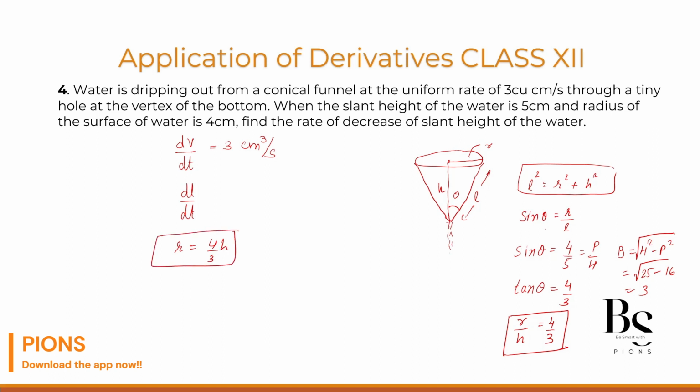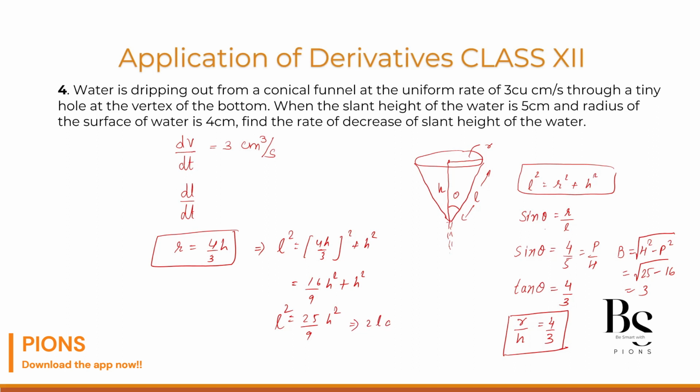Then l square will be equal to r square plus h square, that is 4h by 3 whole square plus h square. This will give us 16 by 9 h square plus h square, and 9 plus 16, that is 25 by 9 h square, is l square.